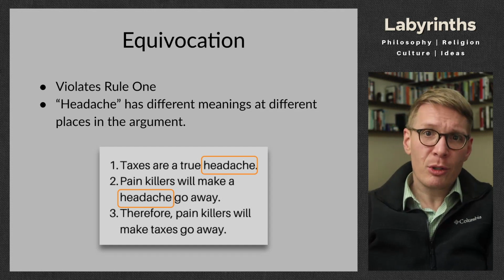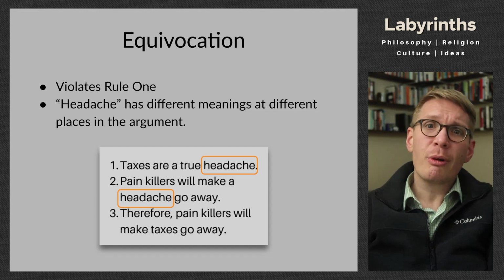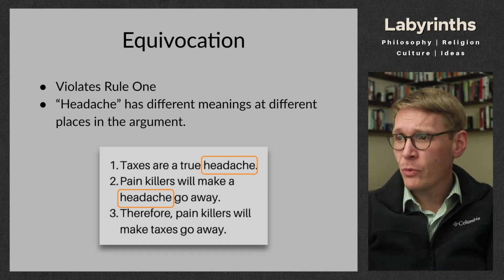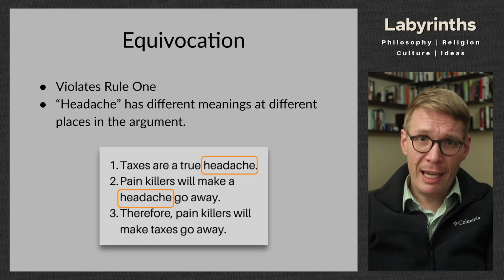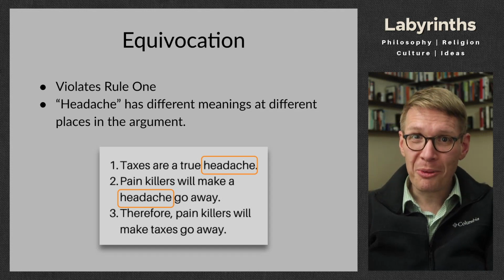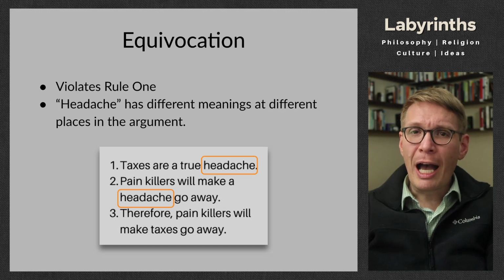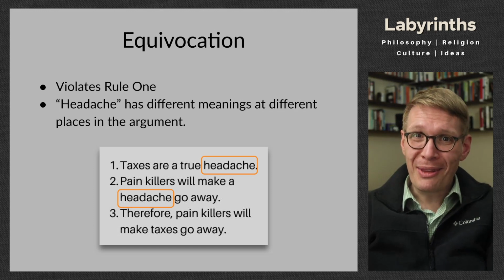In this case, let's take a look at our example. Taxes are a true headache. Painkillers will make a headache go away. Therefore, painkillers will make taxes go away, if only, right? We can see here that the term headache, I am equivocating, we would say, on that term, right?